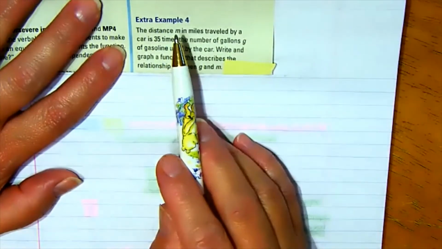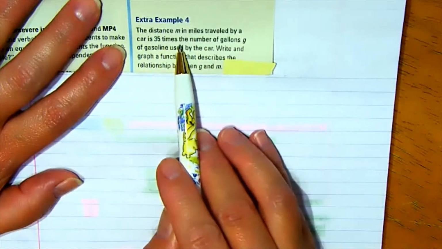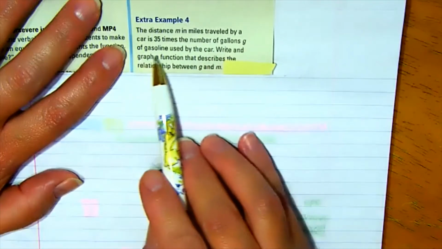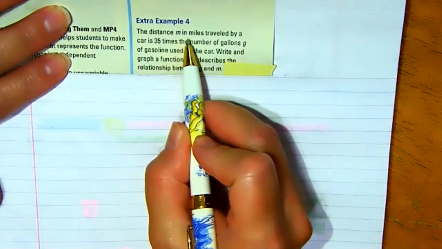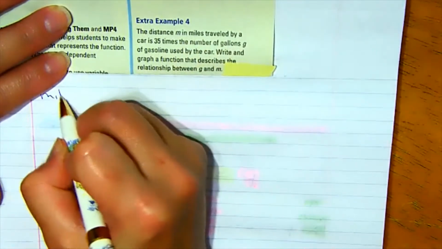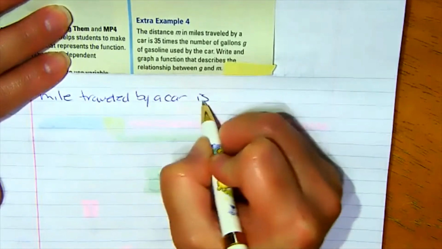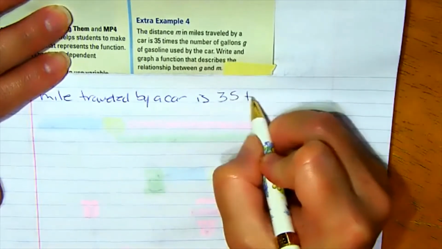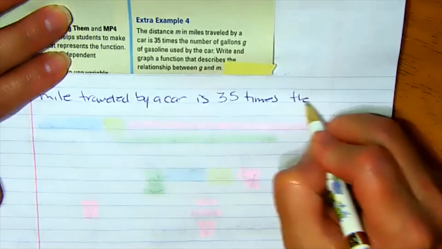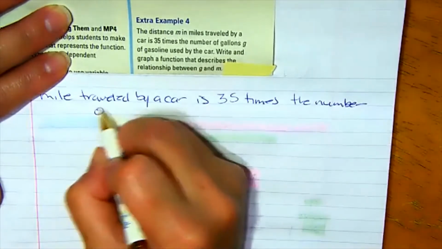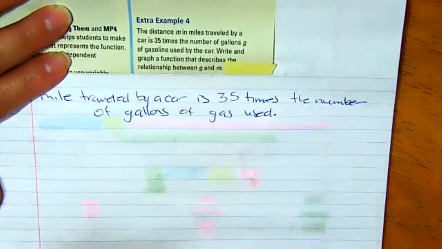The distance M in miles traveled by a car is 35 times the number of gallons G of gasoline used by the car. So the distance M in miles traveled by a car is 35 times the number of gallons of gas used.